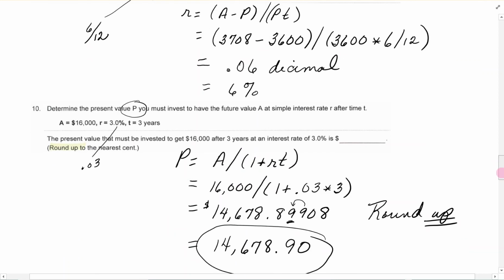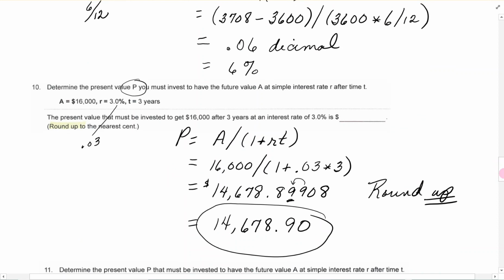Problem number 10. Once again, I'm going to talk through it. It says, determine the present value P you must invest to have a future value A at a simple interest rate R after time T. From that list of formulas, you need to get the one that is solved for P. It says P is equal to A divided by (1 plus R times T).